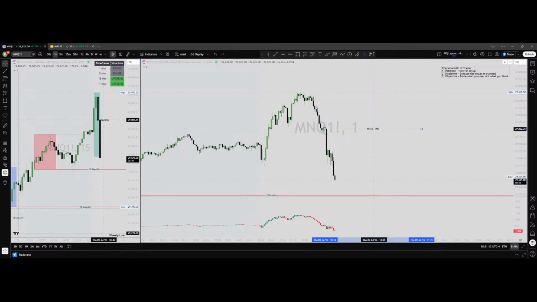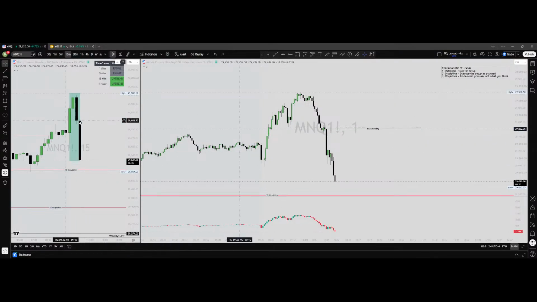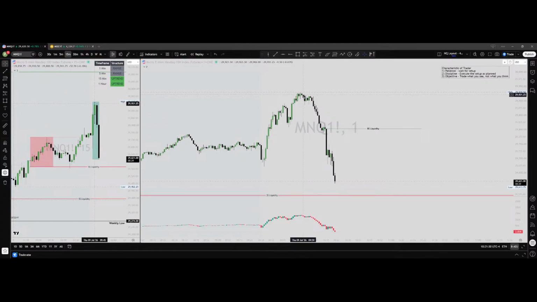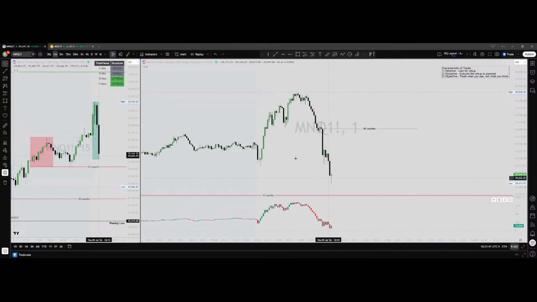The reason is there is zero to no wick here. So I continue to explain this: price generally tends to take that out first before moving, even if it wants to move downside.